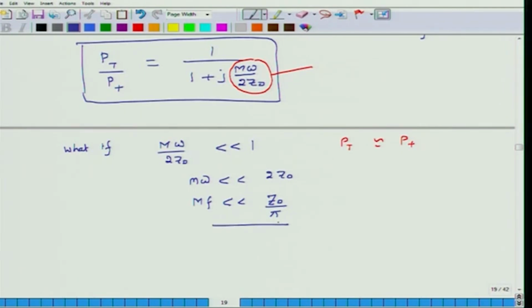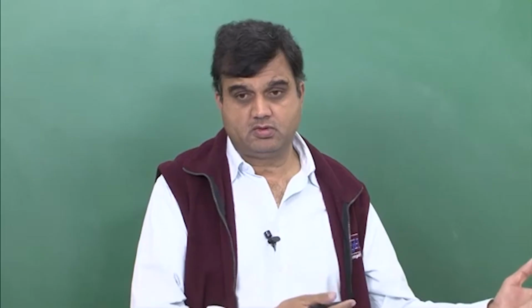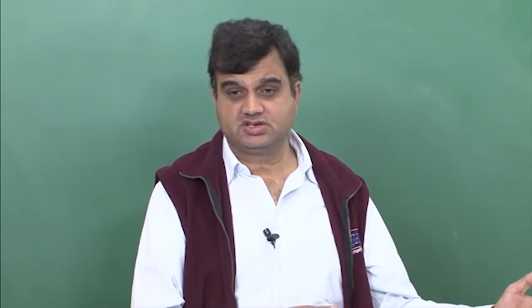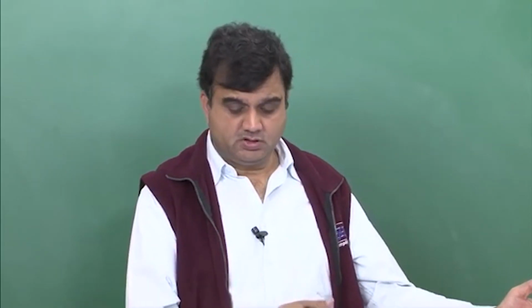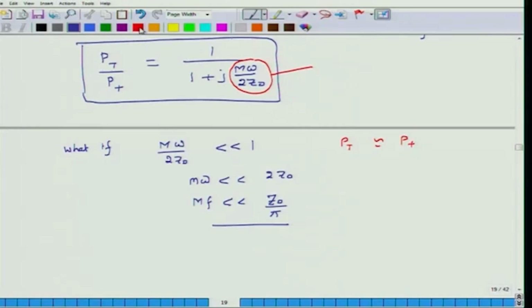If this condition is true, then whatever I will be hearing on the transmitted side will be pretty much the same in amplitude as what is incident on this thing. So what does this mean further?